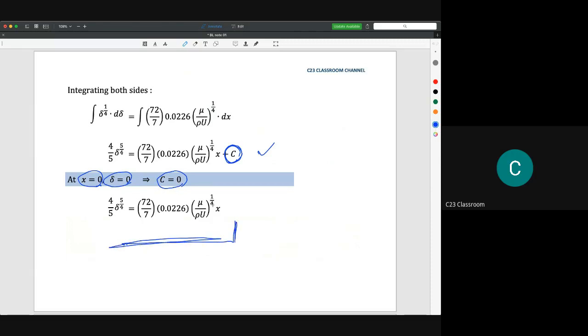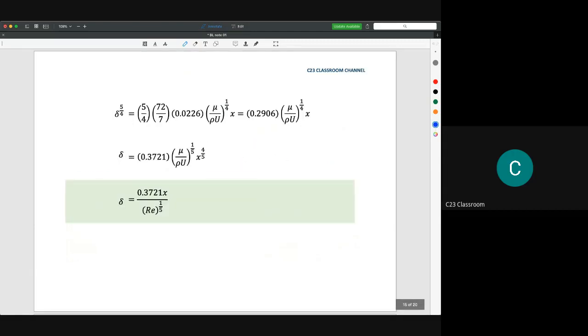And then we could simplify this term. So we get delta is equal to 0.3721. And then the best way to show the value of delta is to represent it by using the Reynolds number.